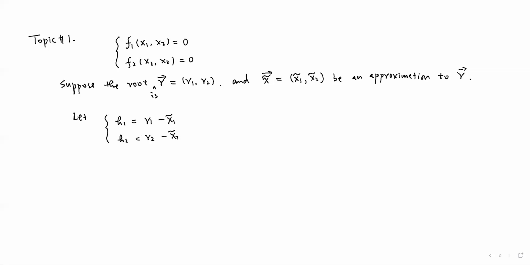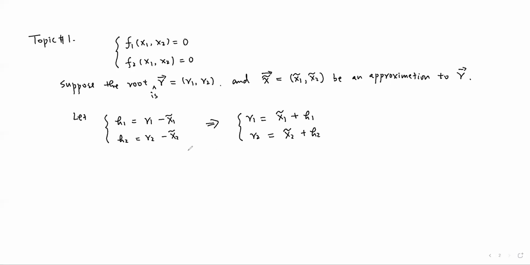The difference is h. Moving x1 tilde to the left side, R1 is x1 tilde plus h1, and R2 is x2 tilde plus h2.